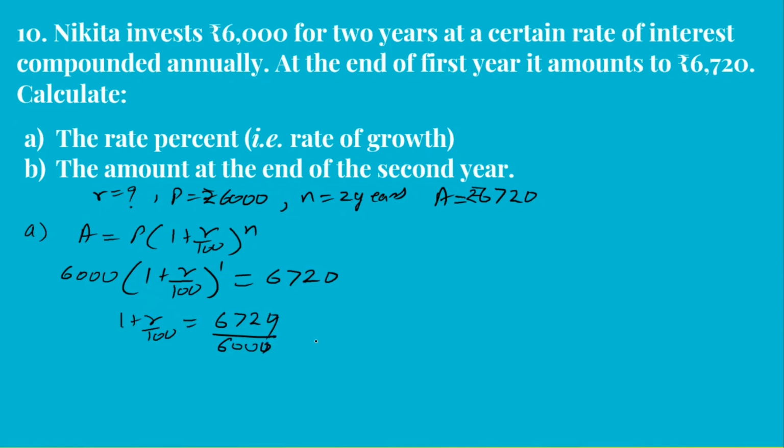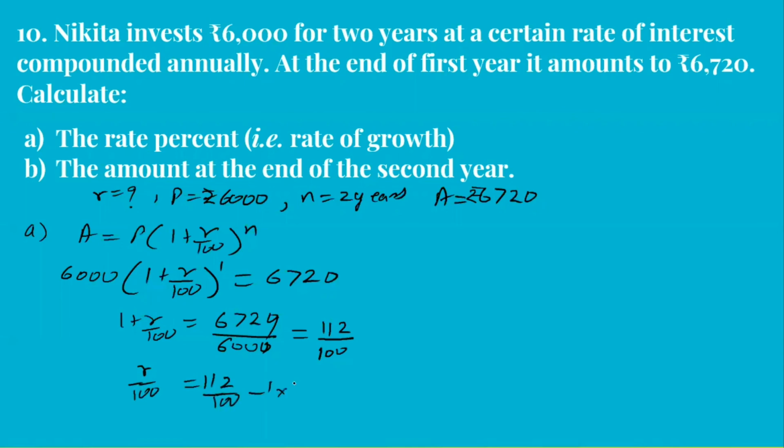On simplifying this, you get 112 upon 100, dividing by 6. So you get R upon 100 is equal to 112 upon 100 minus 1.